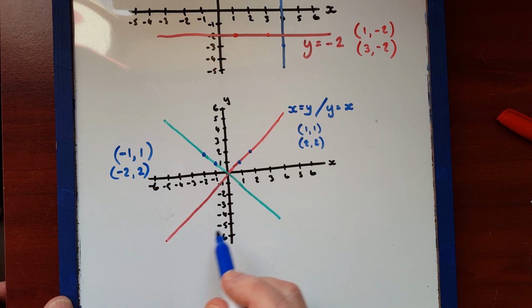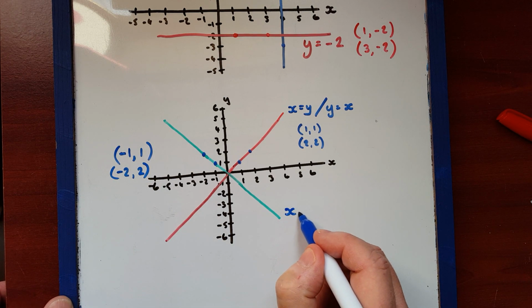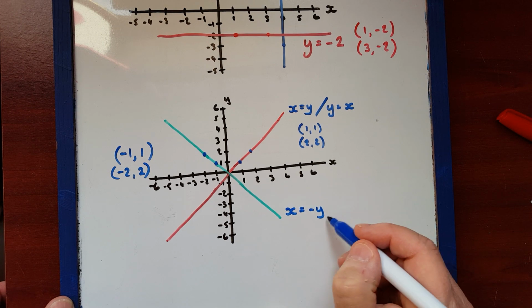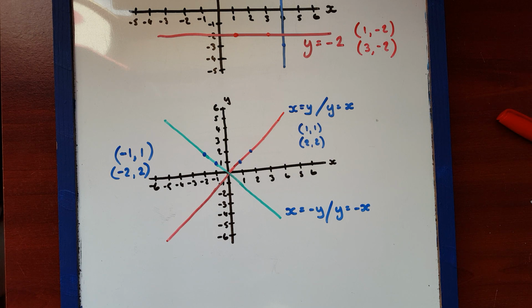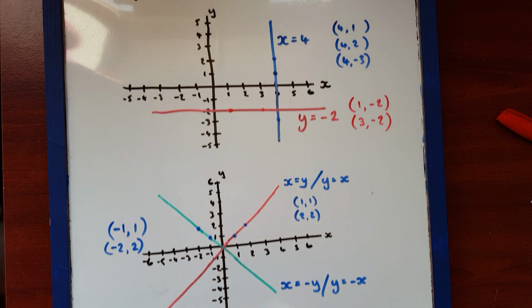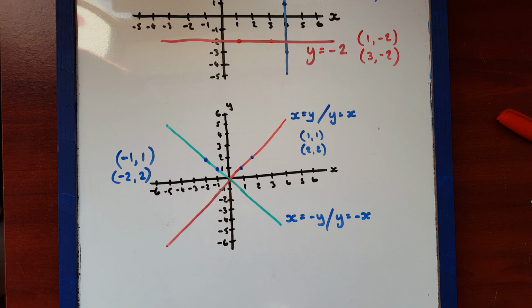The name of this line is going to be x equals -y, or y equals -x. It's basically the same number, but one is a positive, the other one's a negative. Okay, now that's the straightforward ones then, horizontal and vertical or 45-degree lines.